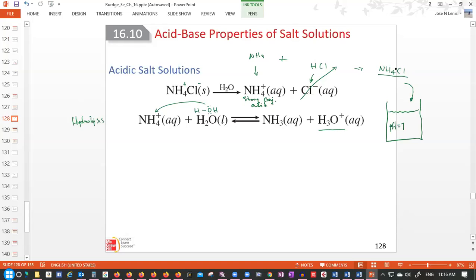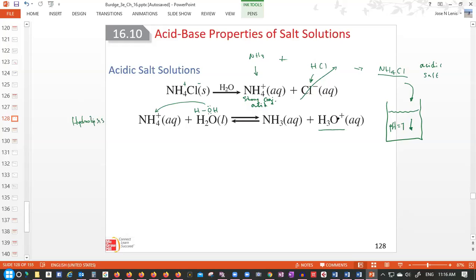So you say, probably it's neutral. Well, it's not, because the analysis shows that the reaction of this portion of the salt with water will actually form H3O plus, causing the pH to go down. So that's going to form an acidic solution. That's why we say this is an acidic salt, because of this.